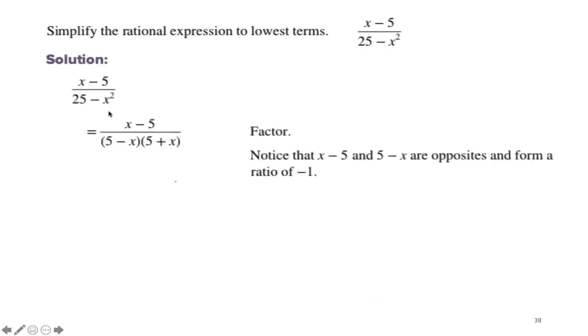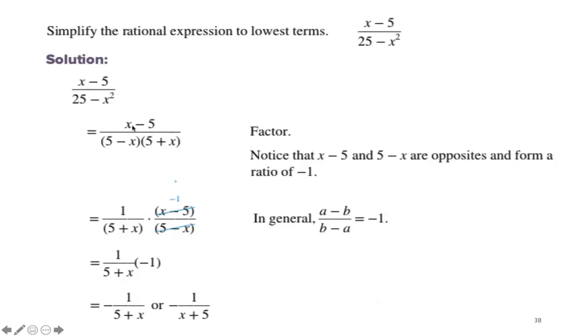So here's one last example. Again, this is how I factor this. This is the difference of squares, so I can factor that into 5 minus x and 5 plus x. And notice, if we're not careful, we might see this and think maybe it cannot be simplified, but we can if we look carefully and see that x minus 5 and 5 minus x are opposite, so we can cancel it to get a negative 1.